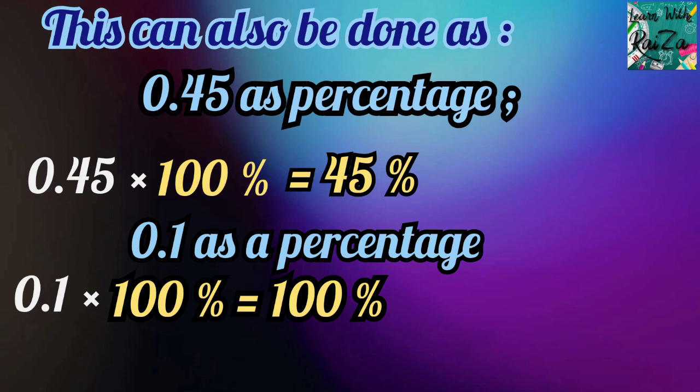For this one also you have to multiply 0.1 by 100%, and if you move the decimal point 2 places forward, why 2? Because 100 contains 2 zeros, so we have to move 2 places to the right, so that will be giving 10%. So this is another method to convert decimal numbers into percentages. I have taught you 2 methods. You can choose any of them.